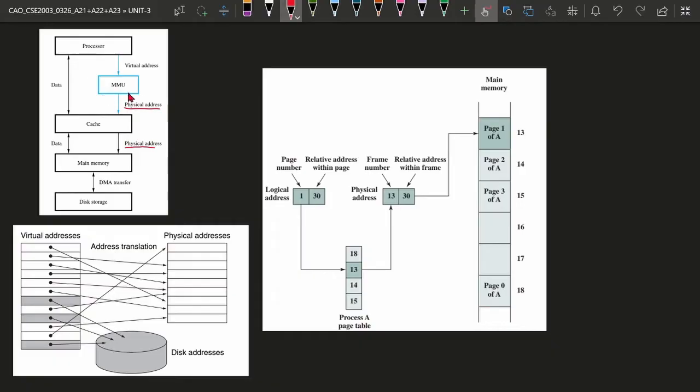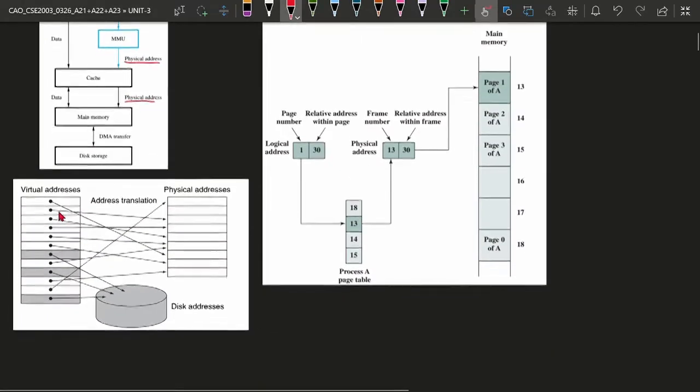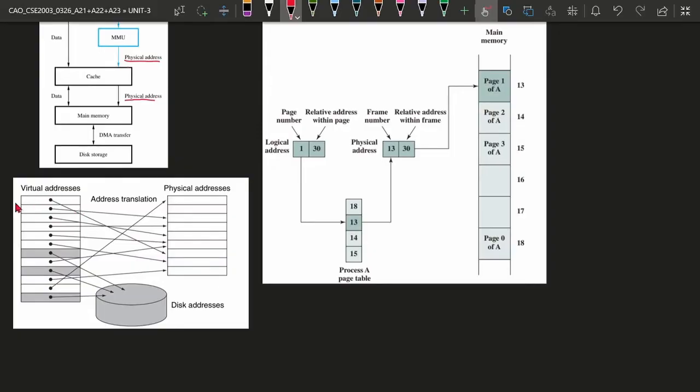So this is the memory management unit. In terms of virtual memory and physical memory address translation, you could just see a virtual address will be there. These virtual addresses will be indicating a particular physical memory. So that translation will be done with the help of the MMU.